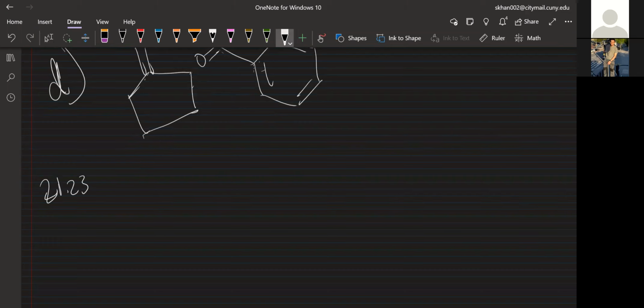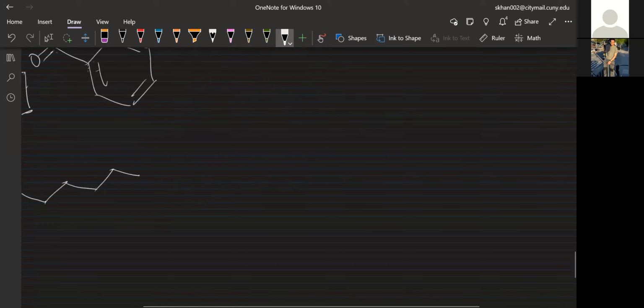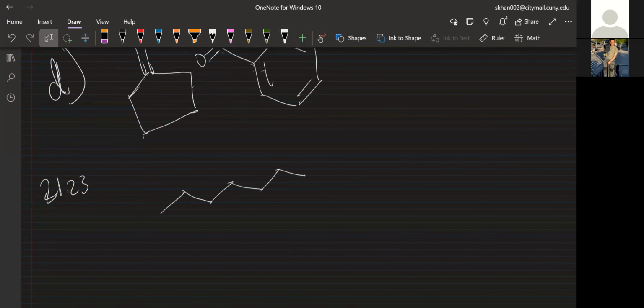21.23. It says when 2,6-heptanedione, so first heptane, 1, 2, 3, 4, 5, 6, and 7, and it says 2,6-dione. That means at the second to last positions on each end.